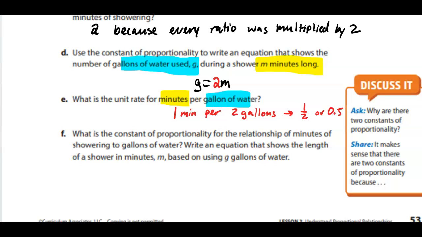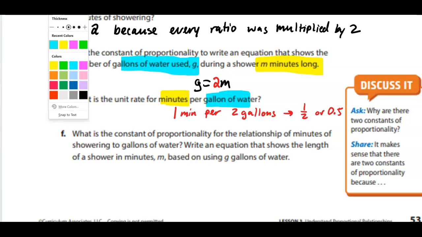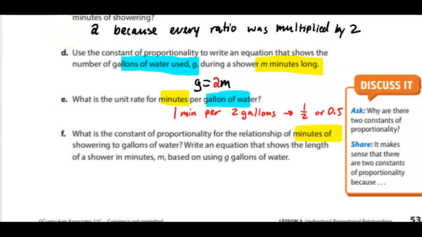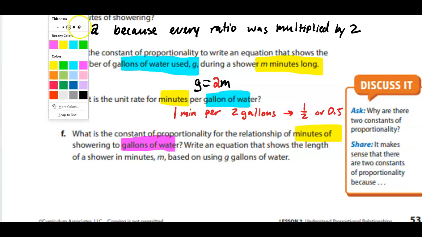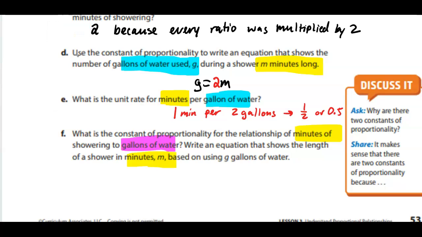And it says, what is the constant of proportionality for the relationship, again, of minutes of shower to gallons of water? And it says, write an equation that shows the length of minutes, again, first, based on using G gallons of water. All right, so that would be M is equal to, this time our constant of proportionality, because remember it's minutes to gallons, 1/2 G.